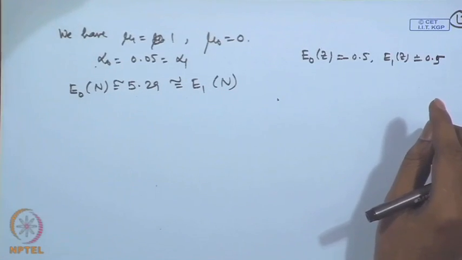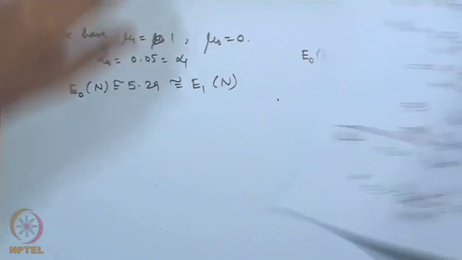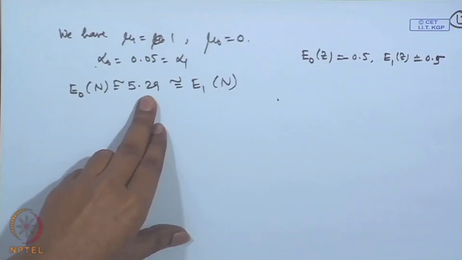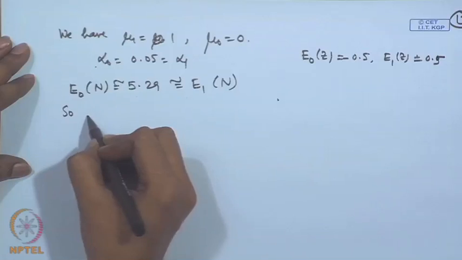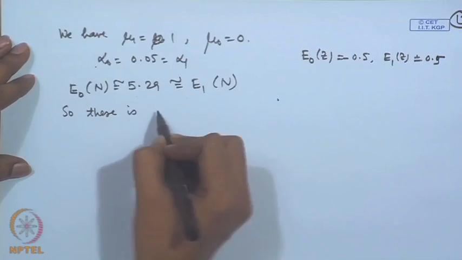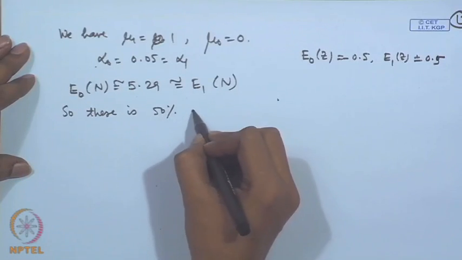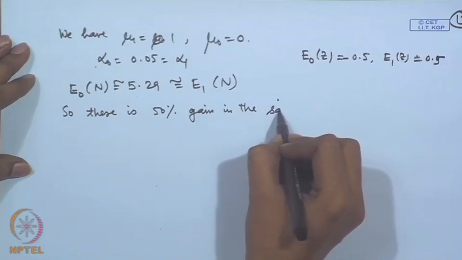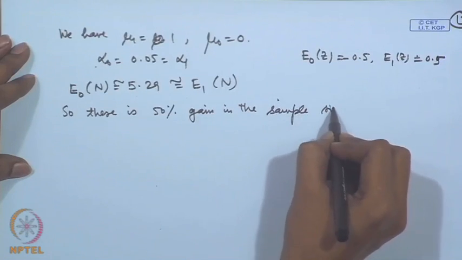Note the difference here. In the previous case, we got 10.89. Now, I am getting 5.29. So, it is 50% reduction. So, there is 50% gain in the sample size. That means, with roughly half of the required sample size, we can achieve the same probability of type 1 error and type 2 error.